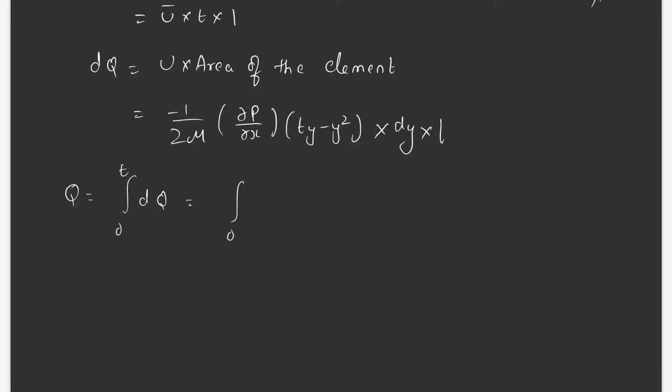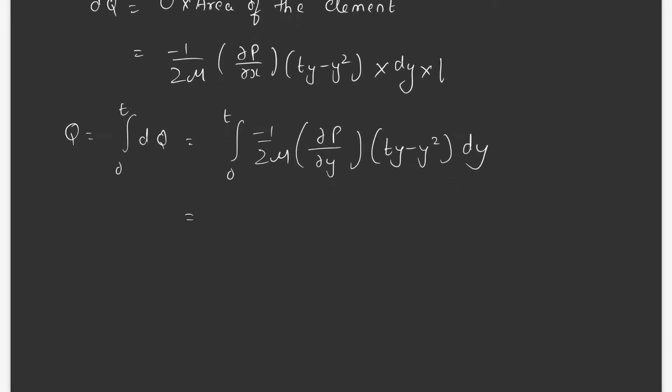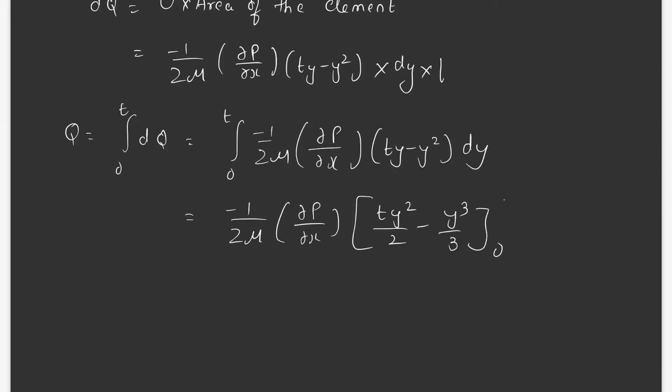This is integral 0 to t of minus 1 by 2 mu into dou p by dou x into (Ty minus y square) dy. Take out the constant terms: minus 1 by 2 mu into dou p by dou x. What is the integration of Ty dy? Ty square by 2, and integration of y square is y cube by 3, from 0 to t.